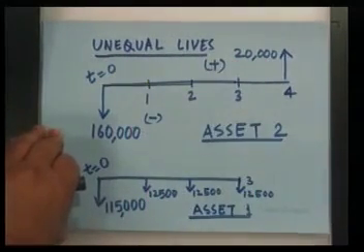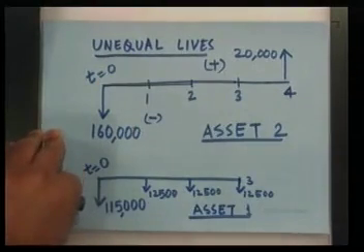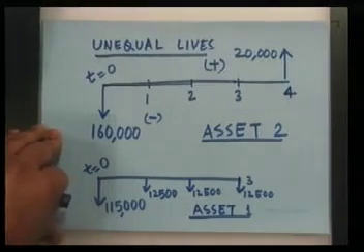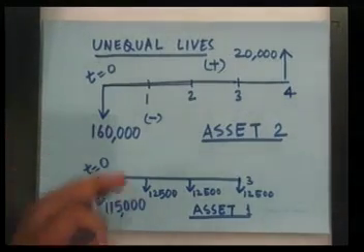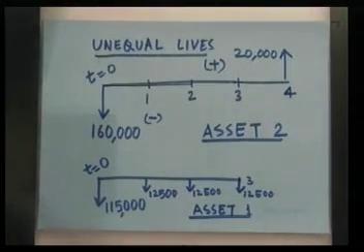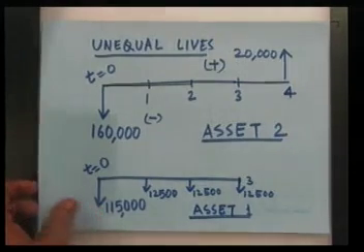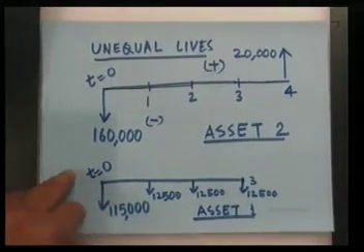Asset 2 has got 4 years, asset 1 has got 3 years. Now, as I told you, there are 2 ways, in fact there are more ways, but we are discussing only 2 ways. One way is common multiple method and second one is study period method.